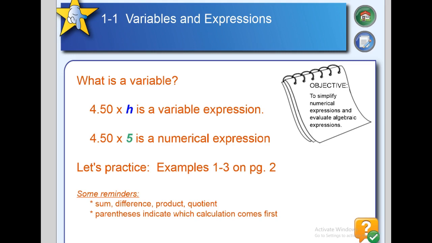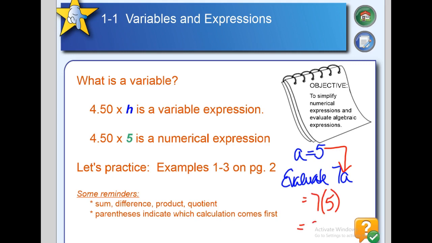In example 2, they're telling me that A equals 5, and they want me to evaluate the expression 7A. The first thing I have to do is substitute the value for A in my equation. So we're going to have 7 times 5, and 7 times 5 is 35.